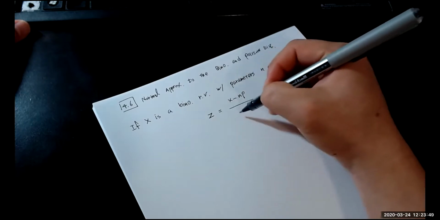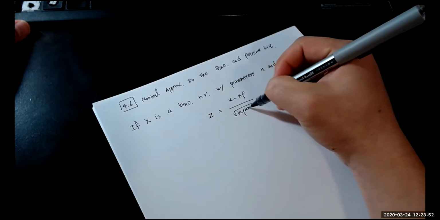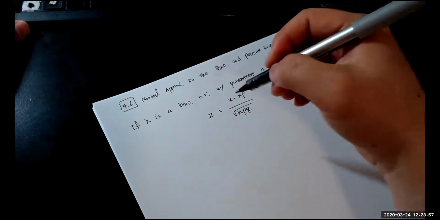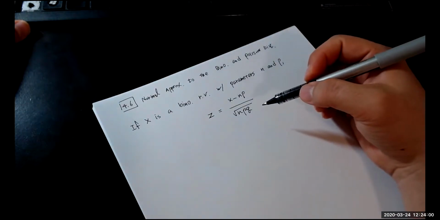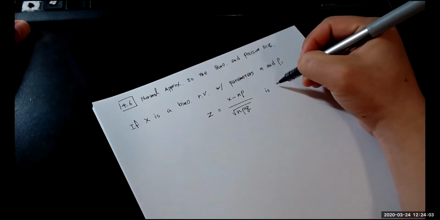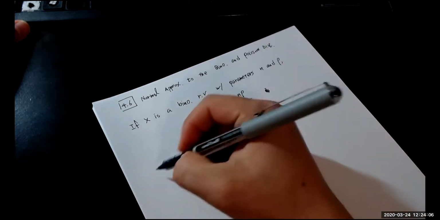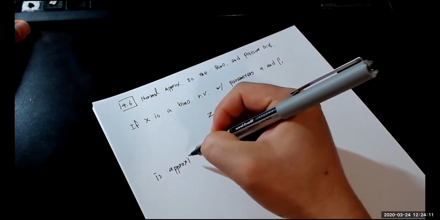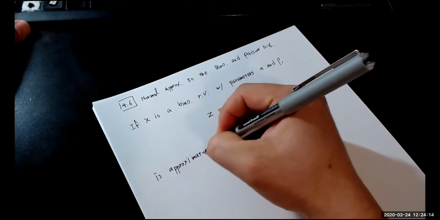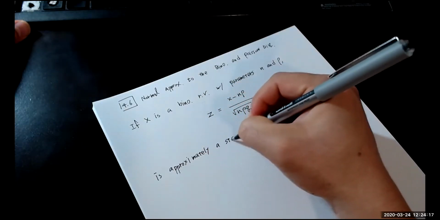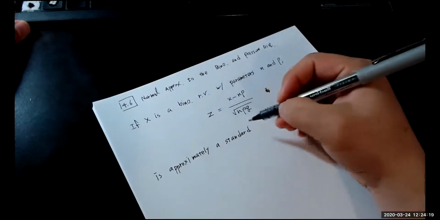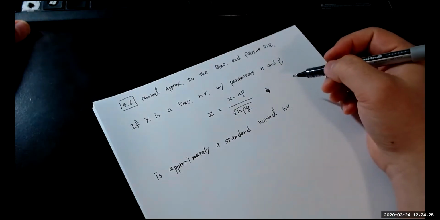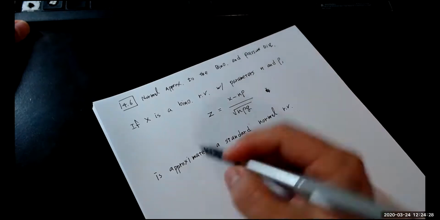Then that is approximately a standard normal random variable. Let me write it here: it is approximately a standard normal random variable.